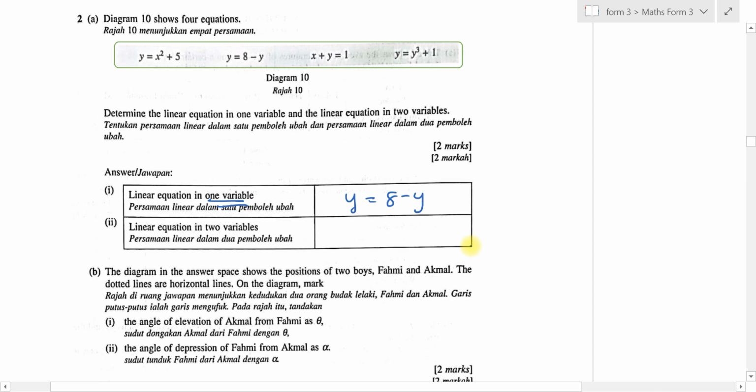Then two variables means x plus y equals 1. Yes. Two variables means two, and it must be linear as well. Linear means no power 2, no power 3, all those are automatically out. So this one has one unknown only, so one variable. This one two variables. So both are linear, power 1 only.